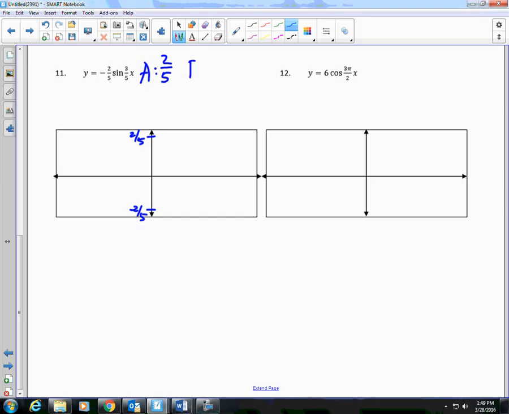And the period will be 2 pi over 1 divided by, what's the number in front of x? 3 over 5. How do I do that? Multiply by the reciprocal, so 5 over 3. Does anything cancel? You get 10 pi over 3.